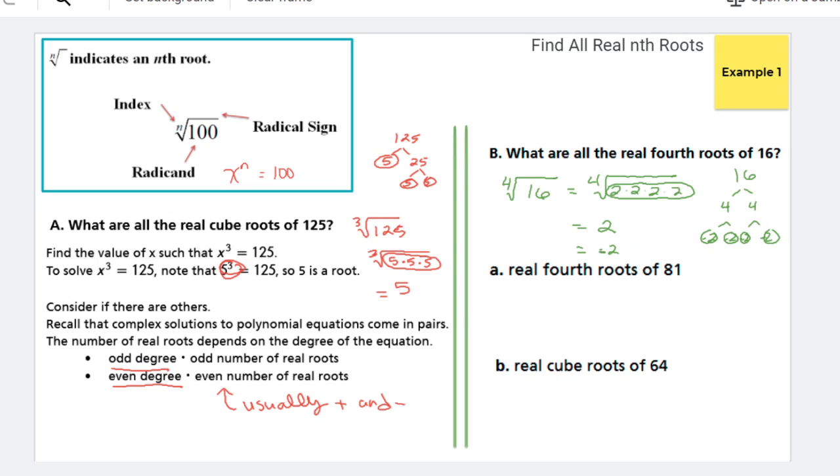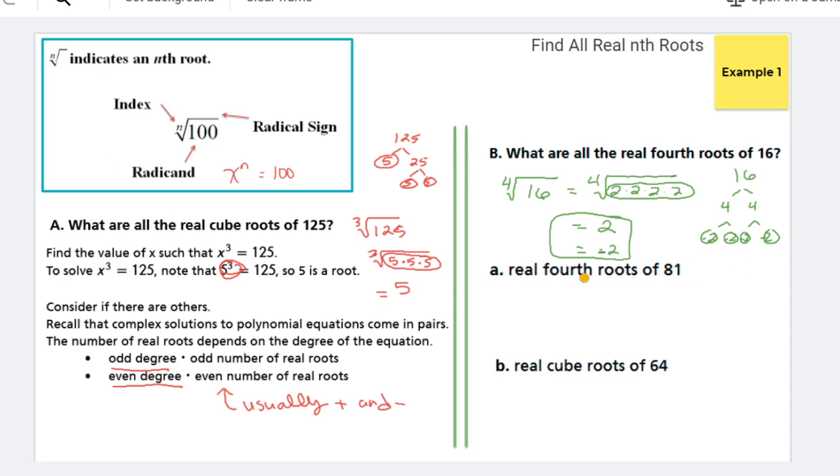So that's where that negative is coming in, because a negative times a negative makes a positive. Because I had an even index, it gave me both a positive and a negative possibility. So just be aware of that.